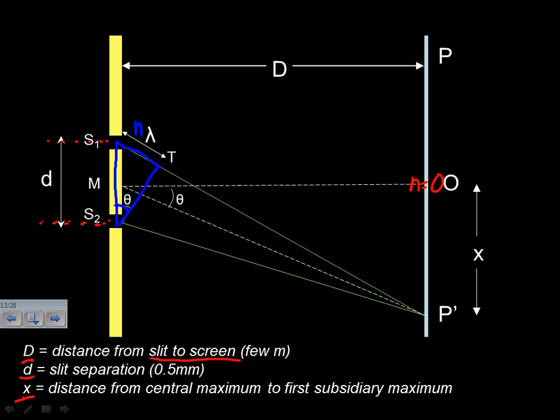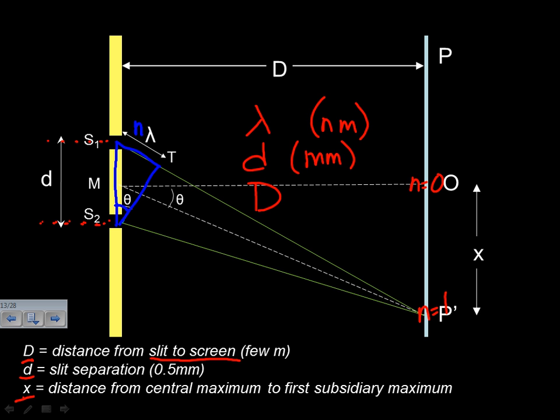Here would be n equals 0, to the first subsidiary maximum. So here would be n equals 1. Now these variables are very important because notice they're all some kind of distance. Watch your units because the wavelengths are usually given in nanometers and your slit separation is usually done in millimeters.